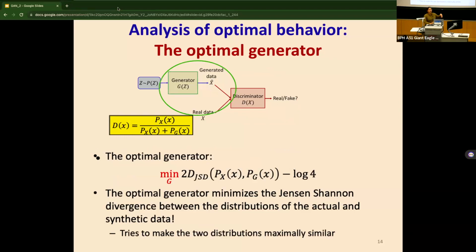We put this in our min-max optimization formula, and we essentially got this, where the main characteristic of the optimal generator is that it's going to try and minimize your Jensen-Shannon divergence. With a little bit of constants here and there, but essentially what the generator tries to do is, like we saw, make the two distributions as similar as possible.